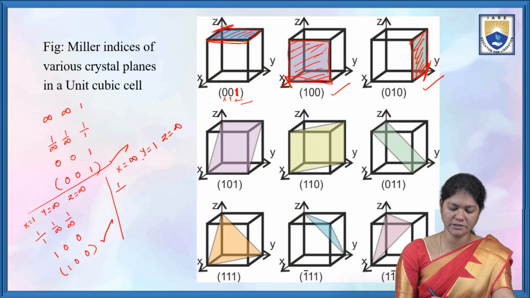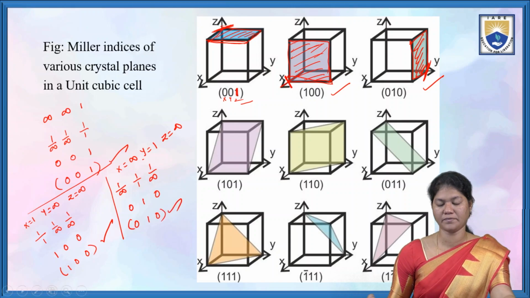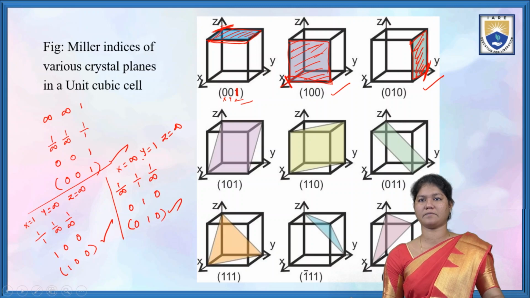Then take the reciprocal: 1 by infinity, 1 by 1, 1 by infinity. So 0, 1, 0. Representing in closed parenthesis gives the Miller indices.